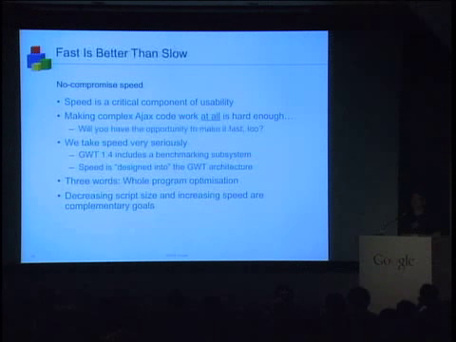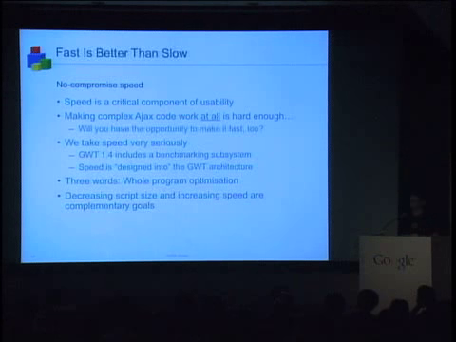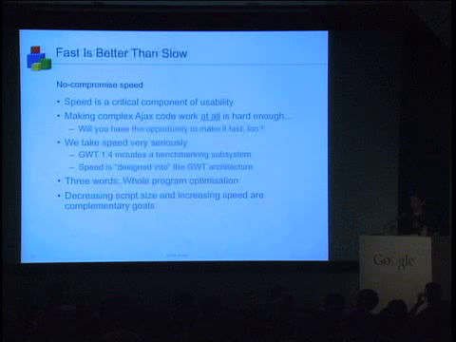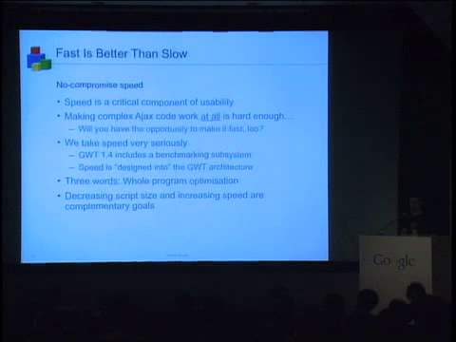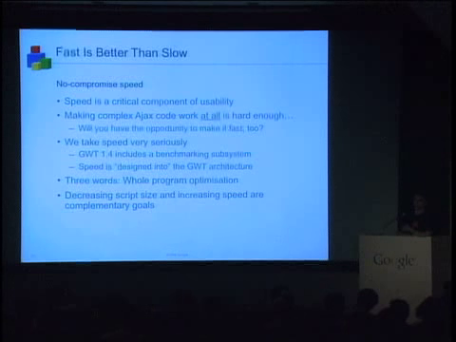We take speed very seriously, and Google Web Toolkit includes a benchmarking subsystem to help you fine-tune your application. Speed is very much designed into the GWT architecture, so your application, without much work, will already be fast. One of the ways we do this, three words: whole program optimization.